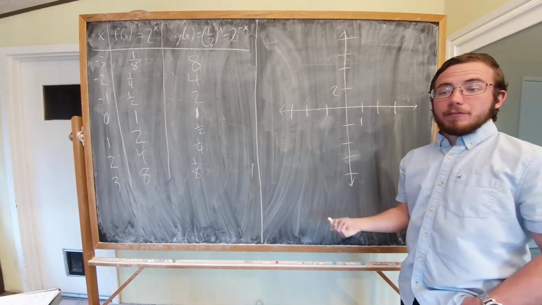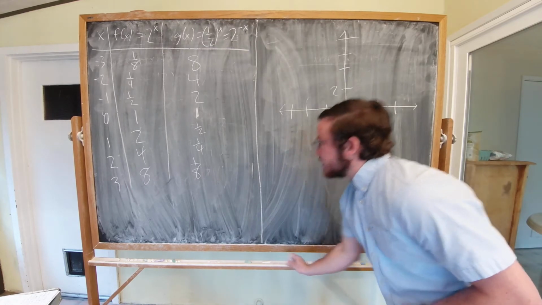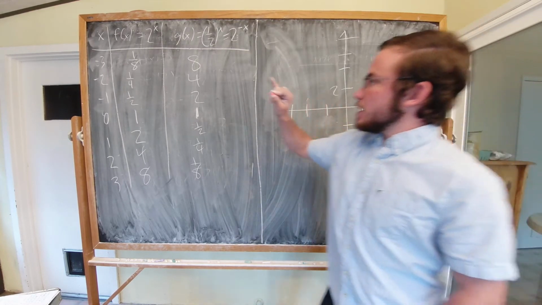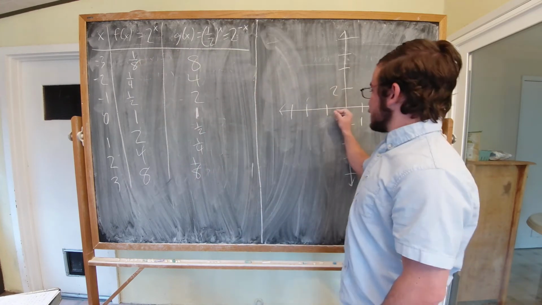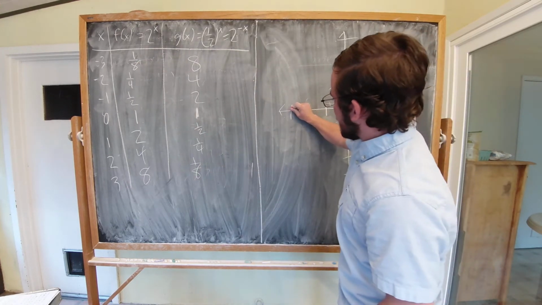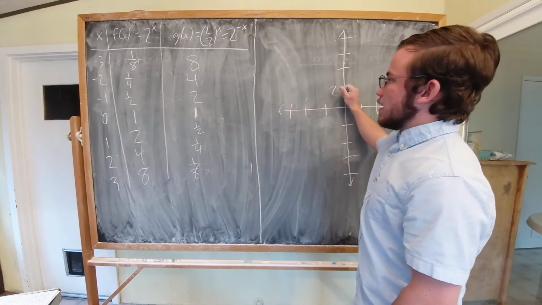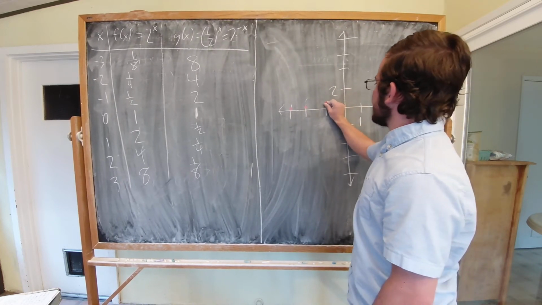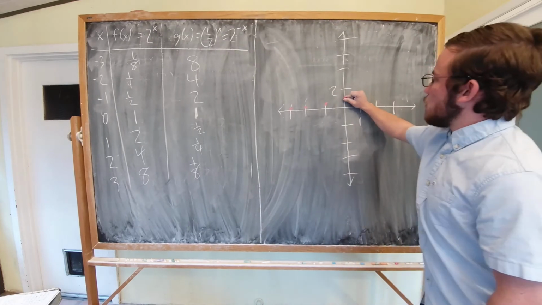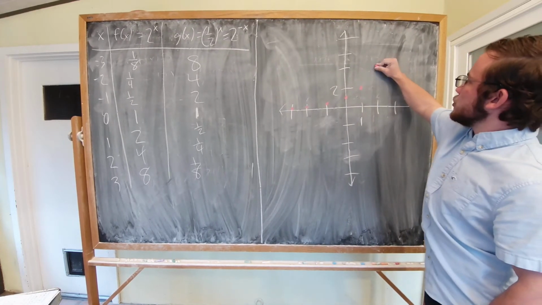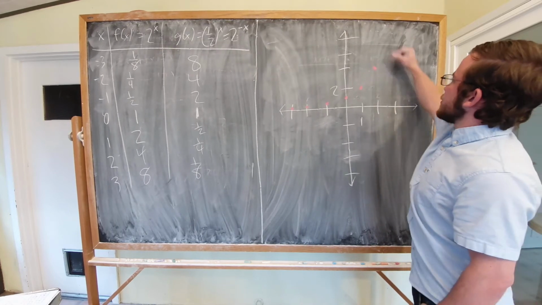If we graph these, let's do f of x in red. We'll have the point -3, 1/8, so right over there. -2, 1/4. -1, 1/2. 0, 1. 1, 2. 2, 4, and 3, 8.